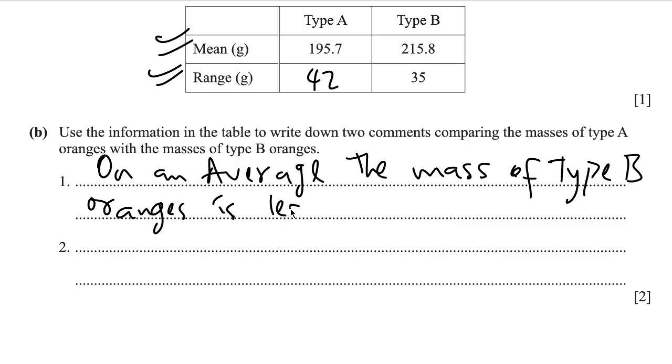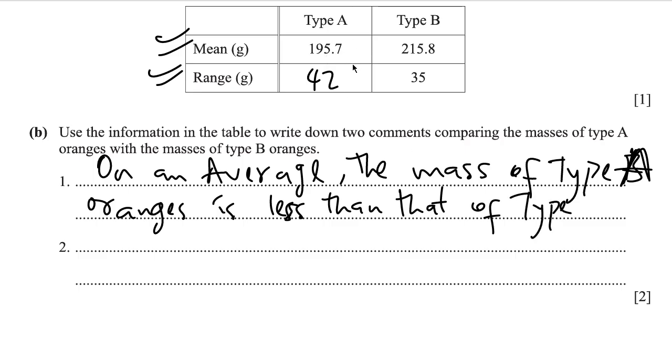you could say on an average, the mass of type A oranges is less than that of type B oranges, because type A is 195.7, type B is 215.8.